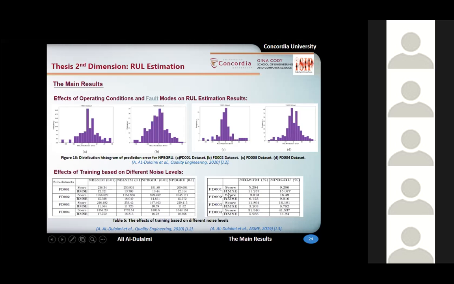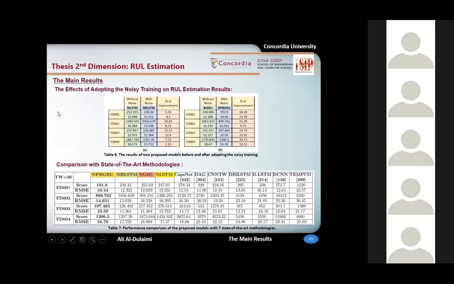The reason behind that is that the noisy bidirectional LSTM follows the partial noisy training, while the other one has a fully noisy training. And here we studied the effect of adapting the noisy training, basically to show how effective following the partial is compared to the fully noisy training.